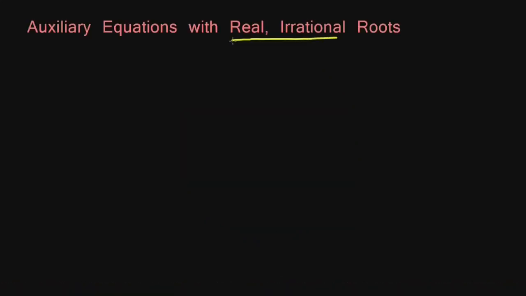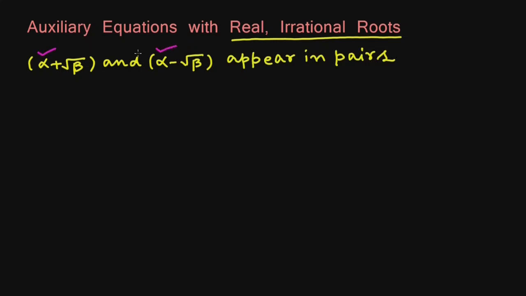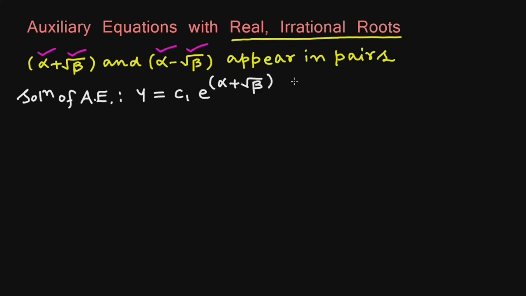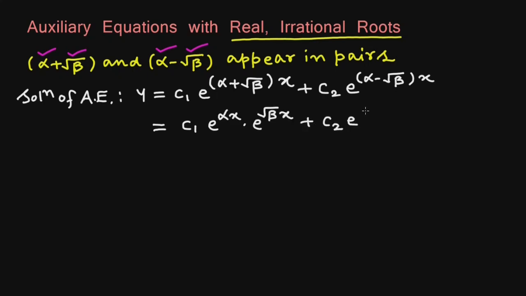We know that real irrational roots such as alpha plus root beta and alpha minus root beta appear in pairs, where alpha is rational and root beta is irrational. The solution of the auxiliary equation is y equals c1 e raised to alpha plus root beta into x plus c2 e raised to alpha minus root beta into x, which is c1 e raised to alpha x e raised to root beta x plus c2 e raised to alpha x e raised to minus root beta x.